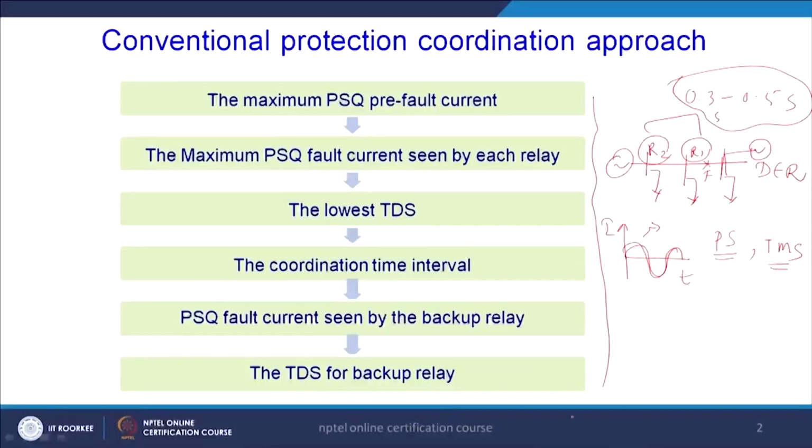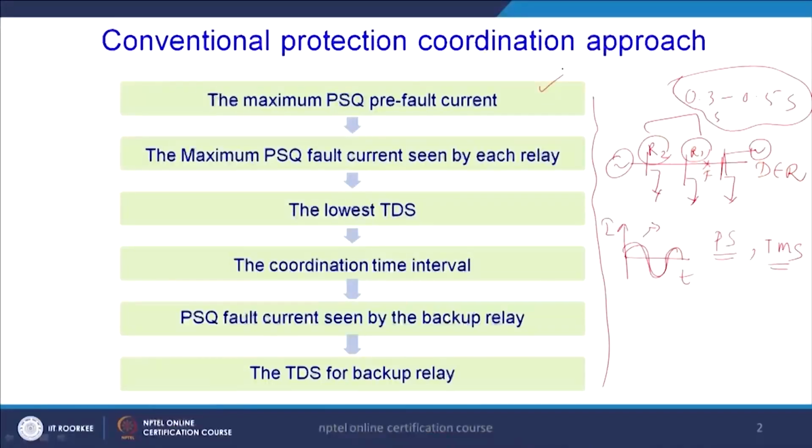These are the ways out to improve the conventional coordination approach of the directional overcurrent relay. When a directional element is added with the overcurrent relay, together it is called the directional overcurrent relaying principle, which may be used for smart grid operation. Initially, the maximum positive sequence pre-fault current is stored or calculated inside the digital relay.